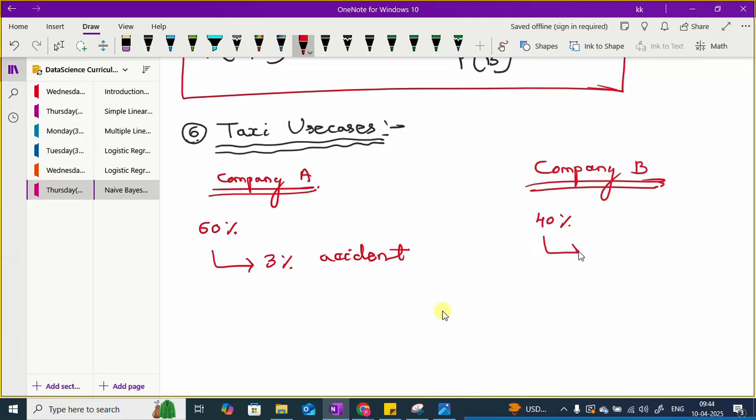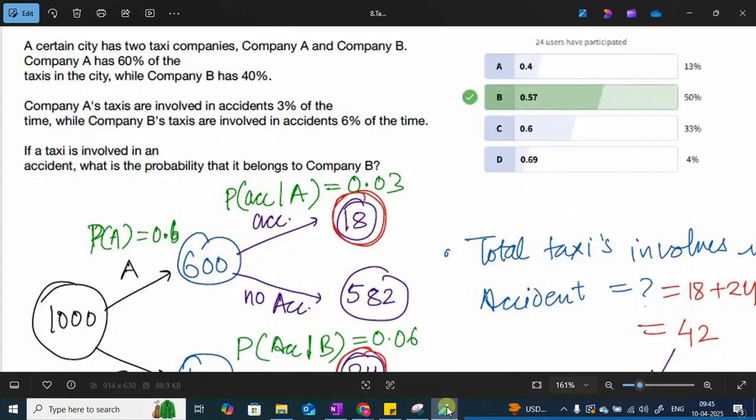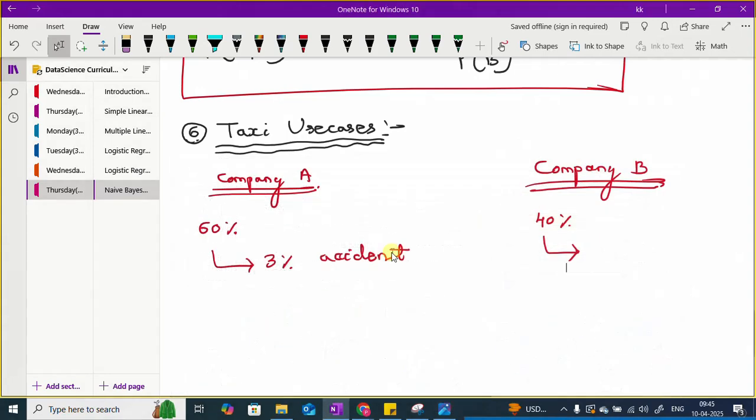And here, I think 10 percent. Let me cross-check the question once. 6 percent of the time, company B faces an accident. Now tell me, if 3 percent face an accident, how many percent of taxis do not face an accident?